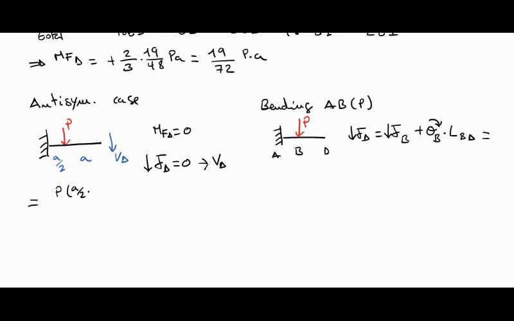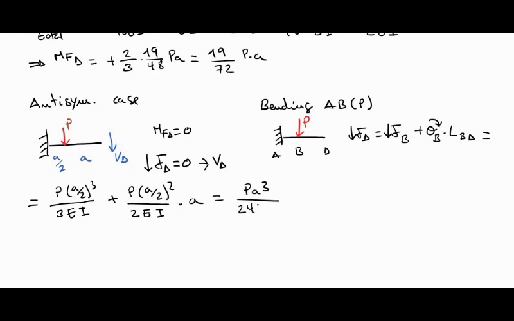The length of the cantilever is A divided by 2, so cubed and divided by 3 EI, plus the slope, P times A over 2 squared divided by 2 EI, multiplied by A. This is equal to PA cubed divided by 24 EI plus PA cubed divided by 8 EI.